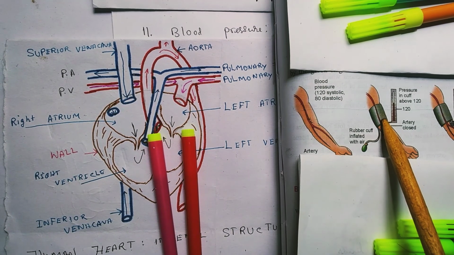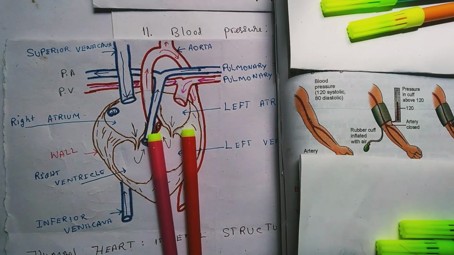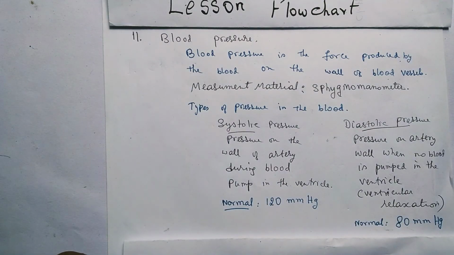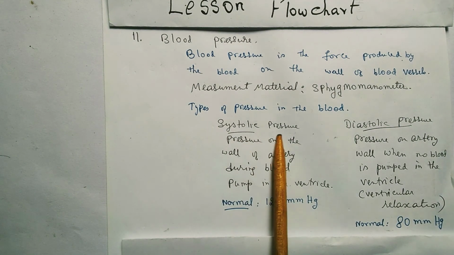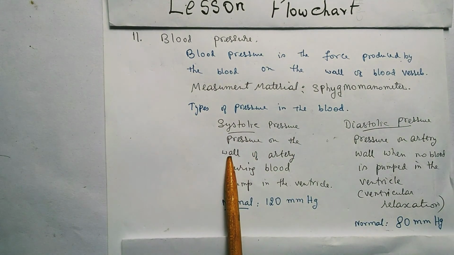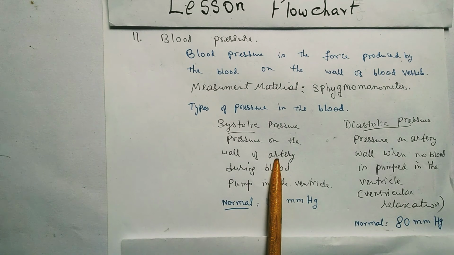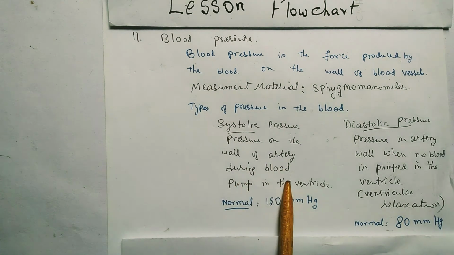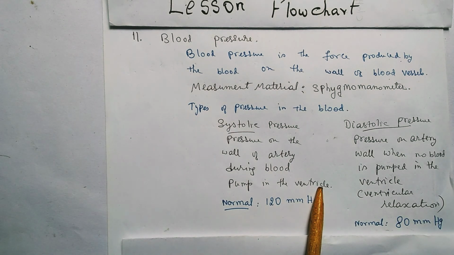So we have two types of pressure, two types of blood pressure. Systolic pressure is the pressure experienced by the wall of the artery, as you saw in the hand of that person, during the blood pumping in the ventricle or during ventricular contraction, and it is measured as 120 mmHg.